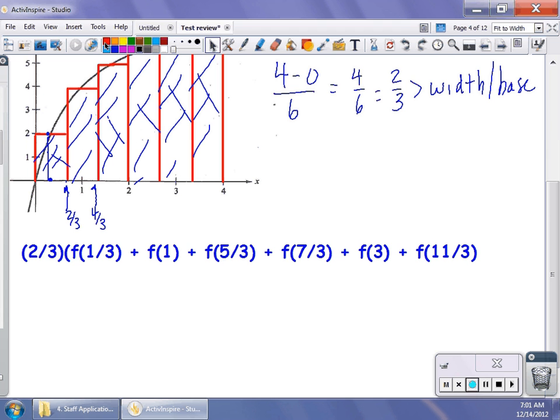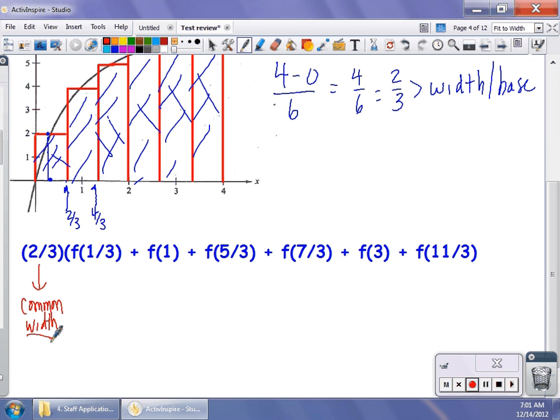So in my work, you'll see that the 2/3, that's my common width. Now remember, the rectangles don't always have a common width. It just happens to be so in this problem.